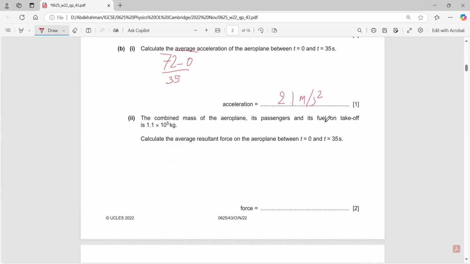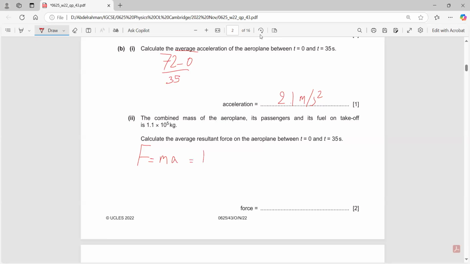The combined mass of the airplane is 1.1 times 10 to the power of 5 kilograms. Calculate the average resultant force. Can I find the force on the airplane? Yes, I can find the force. Force equals mass times acceleration.